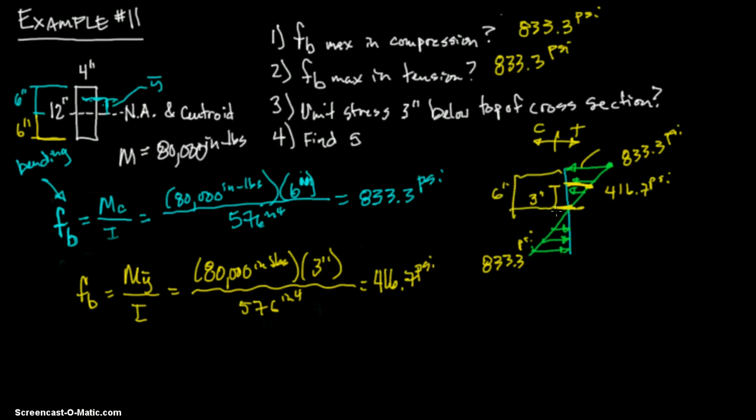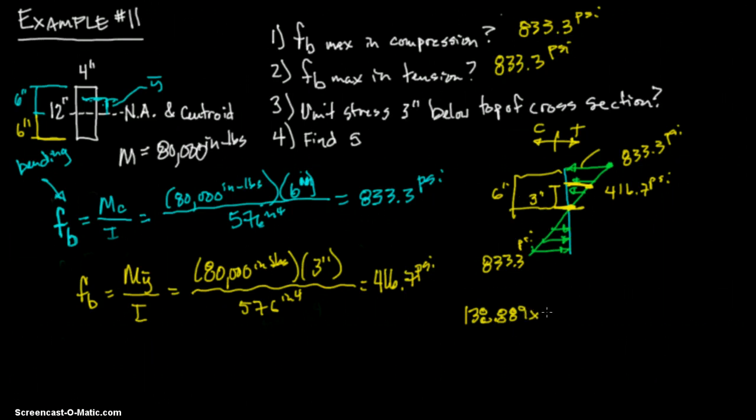Where it hits 0 is your neutral axis, and then this is 6 inches. Well, you can say that's a linear line. Let me throw in a quick equation. You know that 0 is right here, and you know it's going to 833 over 6 inches. So that's 833 divided by 6, which is 138.889 times your x, your distance up.